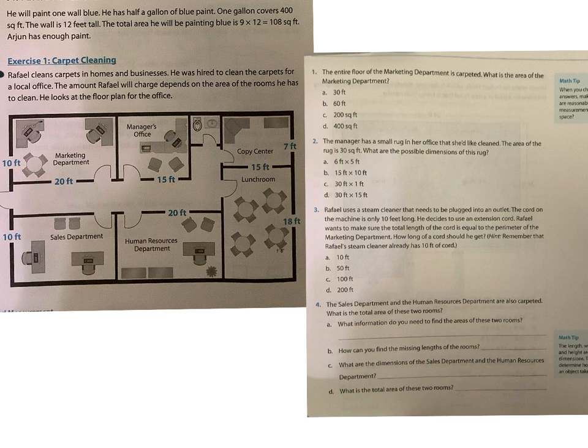Manager has a small rug. Here's the manager's office. In her office that she'd like cleaned, the area of the rug is 30 square feet. So there's a rug in here that is 30 square feet. Let's just draw a rug here. I can't draw a rug very well. So her rug is 30 square feet.